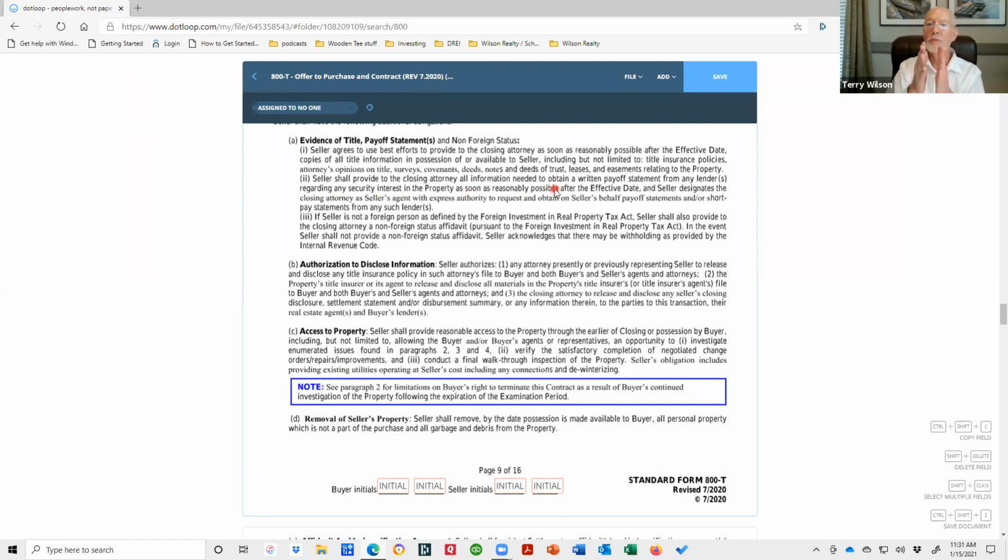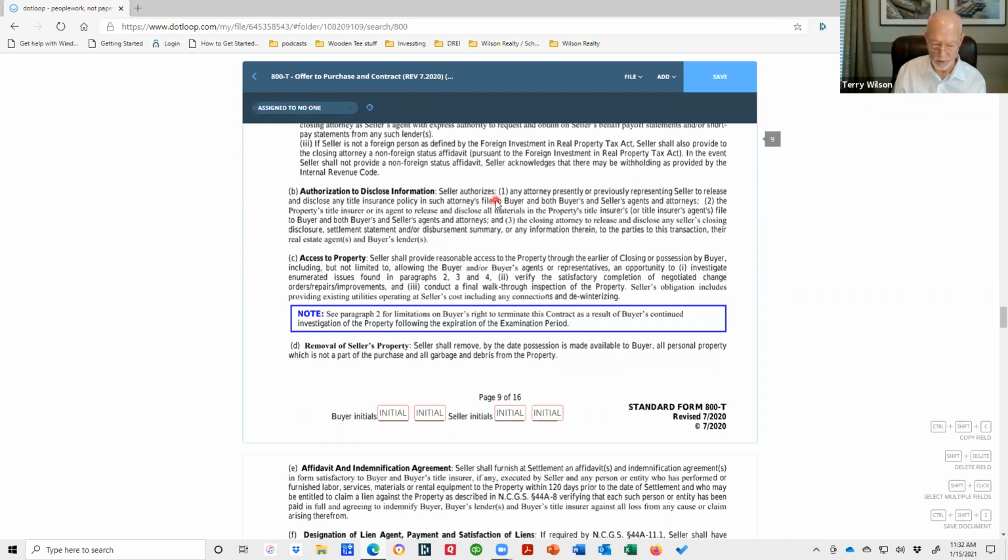Because remember, the builder might have gotten a loan to build the property, and that loan would be paid off when the buyer buys the property. So the builder has to provide to the closing attorney his loan information so that that loan can be paid off. Seller authorizes the attorney to disclose everything that they need, basically, so that they can get the transaction done. Not much more I want to say about that.